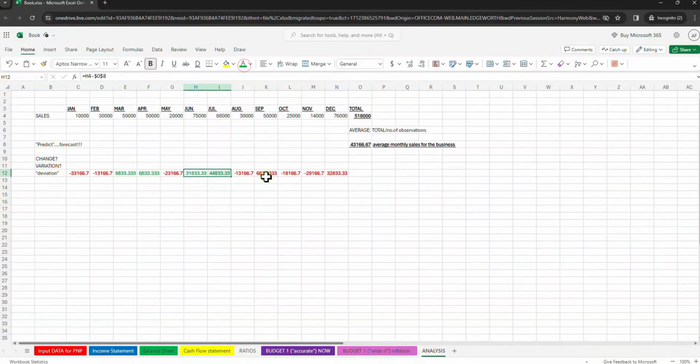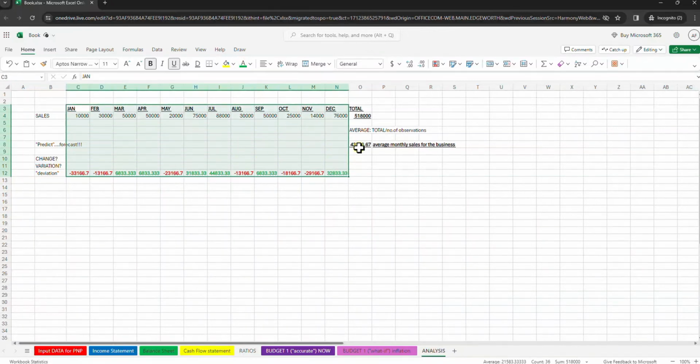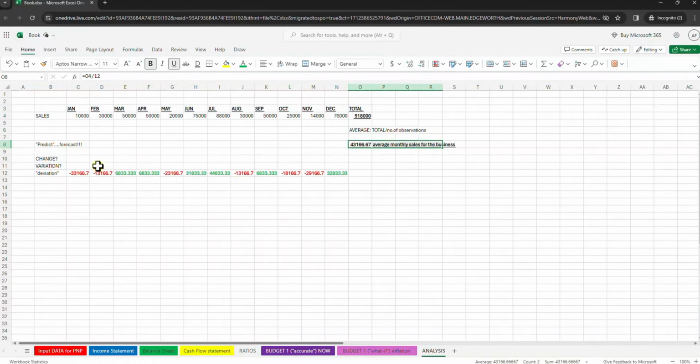So some of these figures are good, some of the figures are bad. In certain months we exceed our average monthly sales, and in some instances we don't. We're actually below or less than what we would maybe expect. And that could help you with planning, or maybe seasonality.